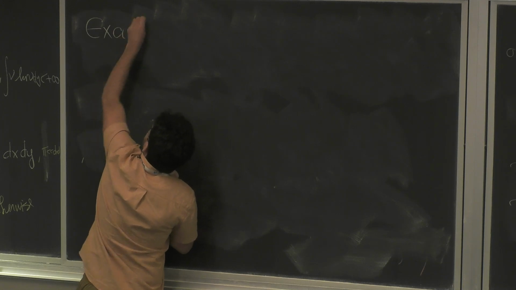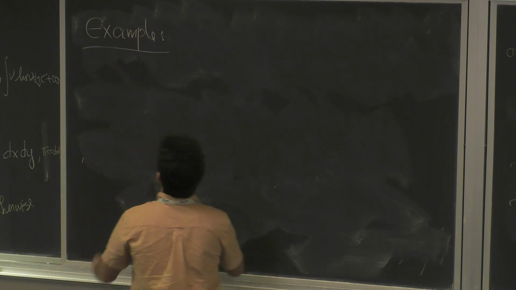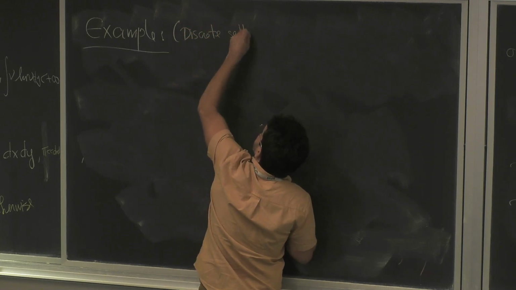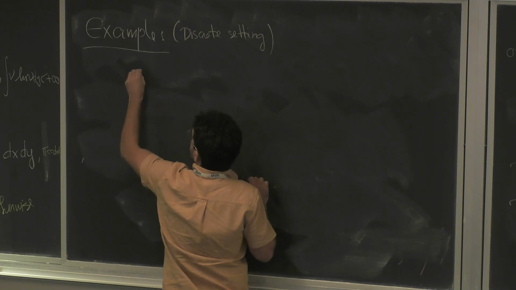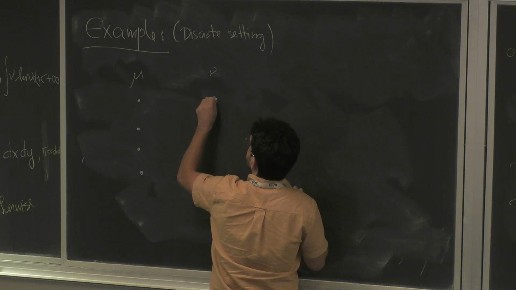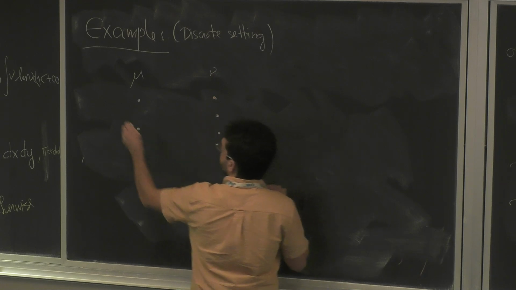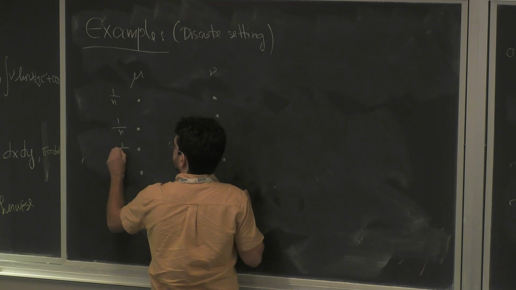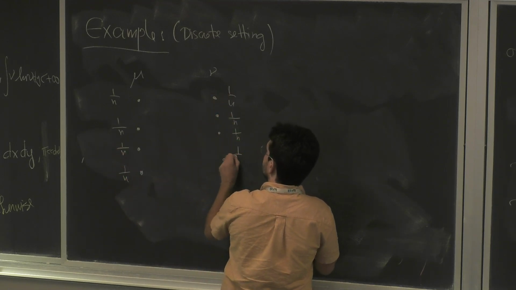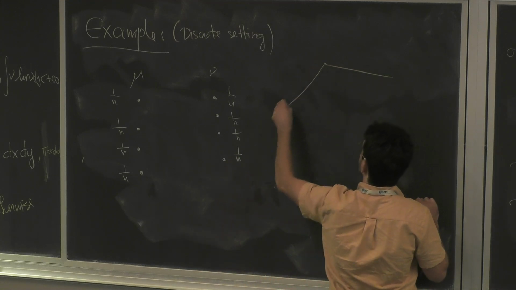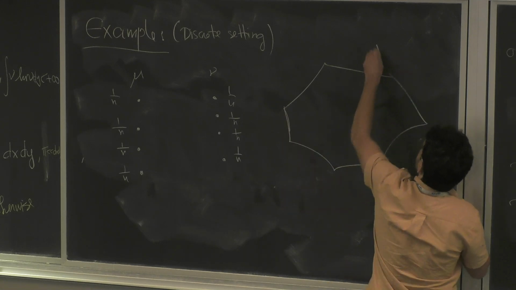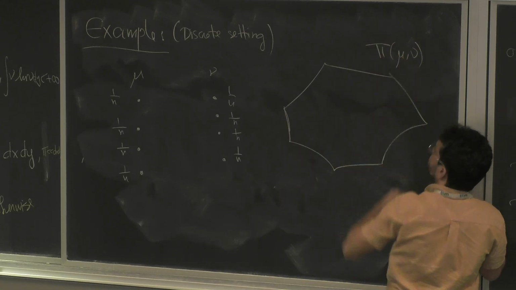But one way of thinking about this is, suppose that you are in the discrete setting. In your distributions, mu and u has all probabilities 1 over n. So in this case, let me draw the set of pi of mu and u, that is the set of couplings.